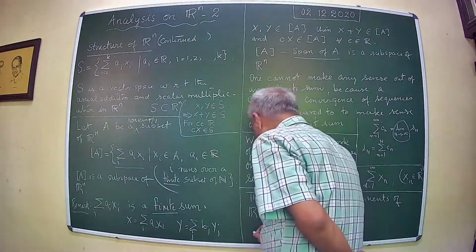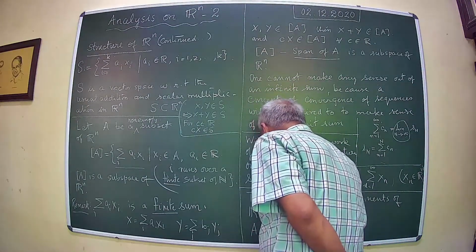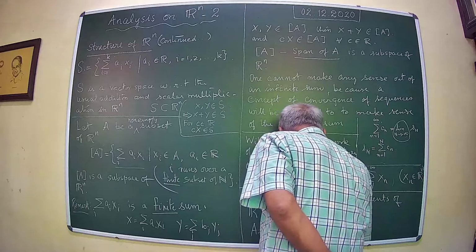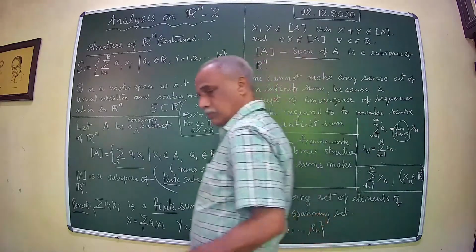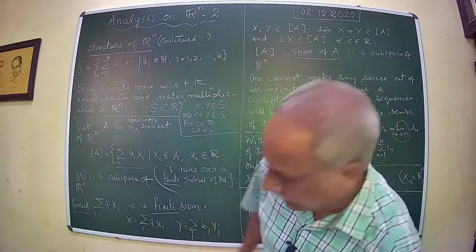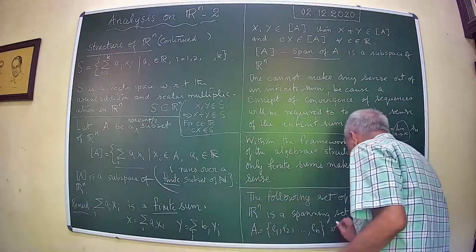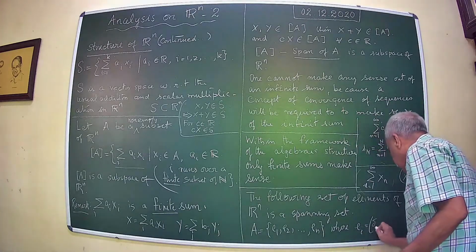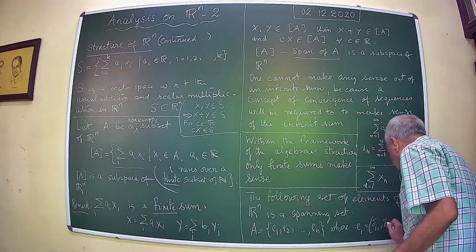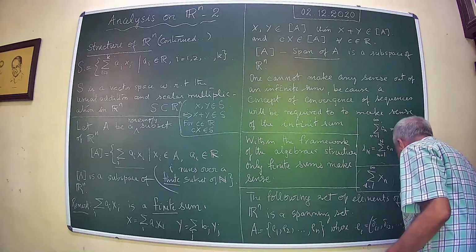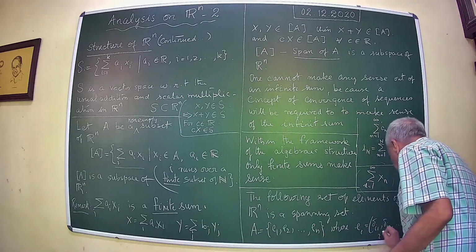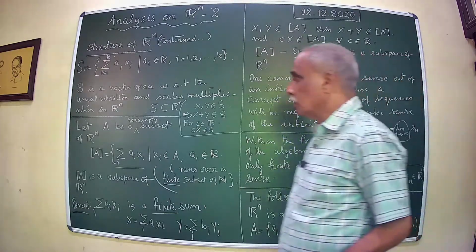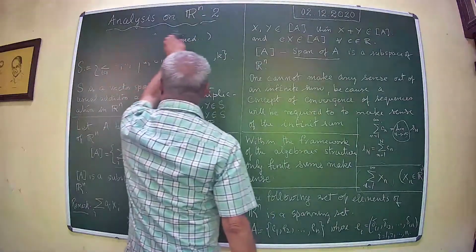So we'll take A to be the collection e_1, e_2, up to e_n, where e_i equals delta_i1, delta_i2, up to delta_in, for i running from 1 to n. So what are the elements of this set?